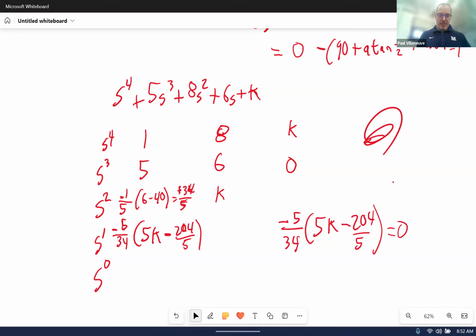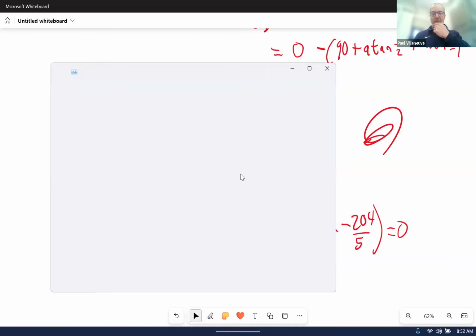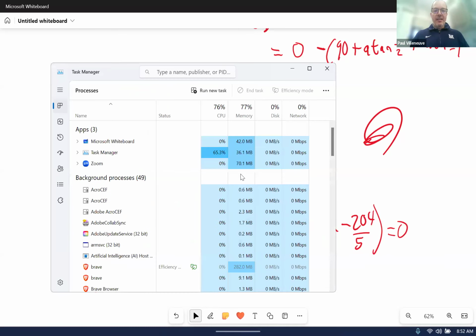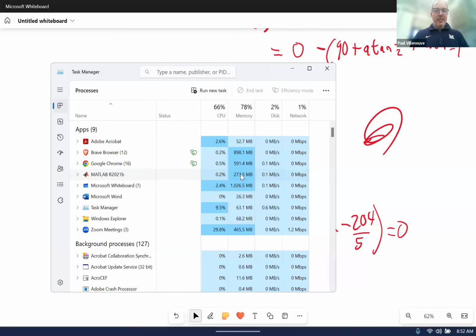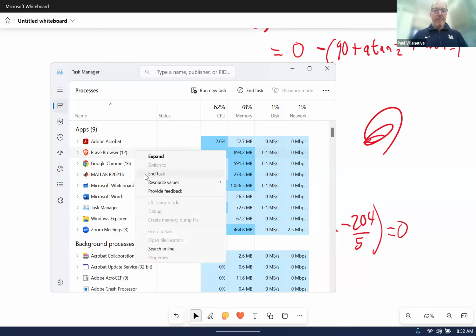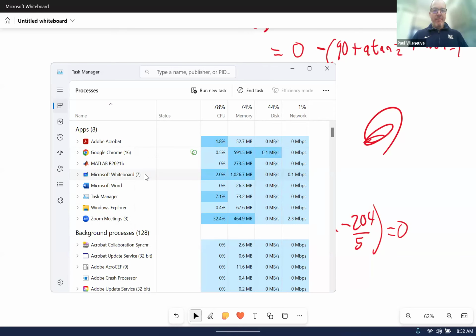Everybody hold on a second. I'm just going to see if there's something running in the background that's eating a lot of resources, because it keeps tripping on itself, and I don't know what's causing so many issues. I mean, obviously Zoom is taking up some resources. Jen's been having troubles with the PowerPoint slideshow.